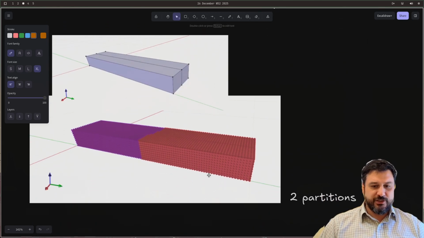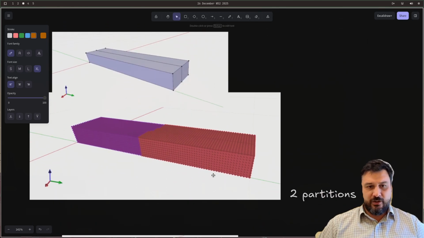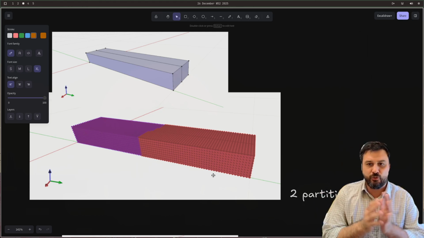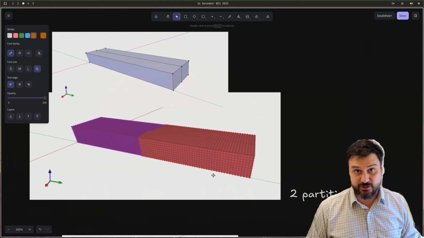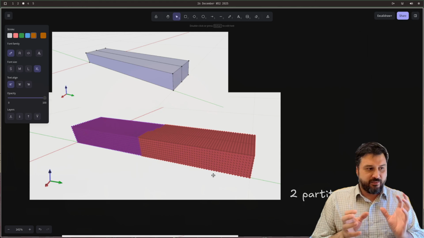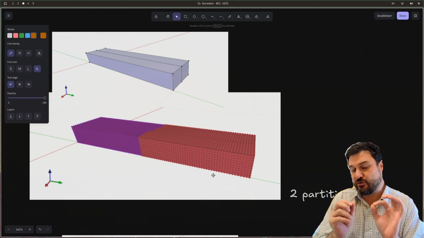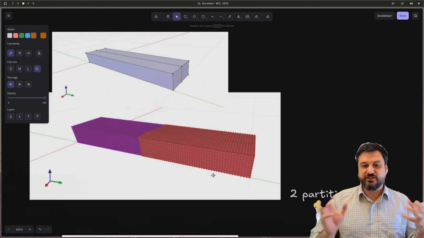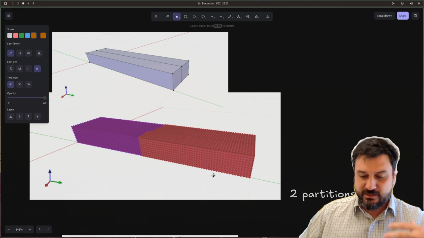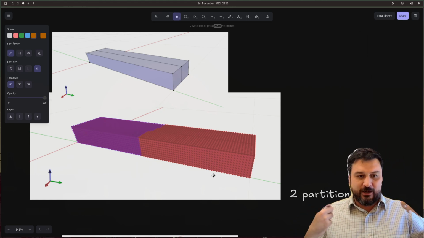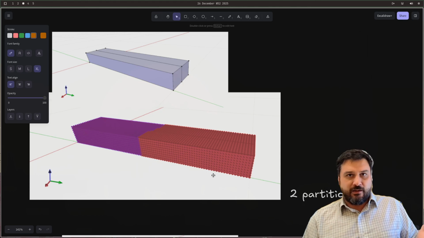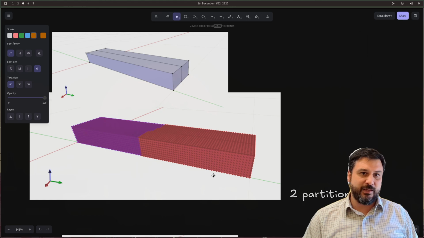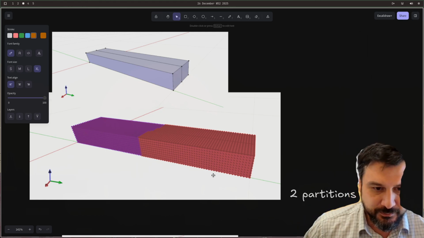Then we go to two partitions like this, and look at the way I'm doing it. I'm adding two partitions, but I am also duplicating approximately the number of elements. So we want to keep the problem size per processor core roughly equal, so that we're seeing how the problem is scaling. If we add compute, we also grow the problem size, and that way we can see the scalability of this to really large problems.